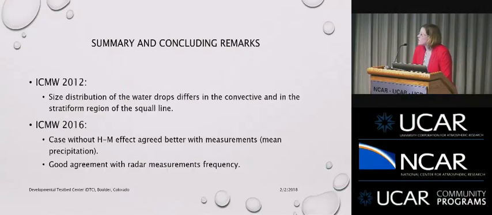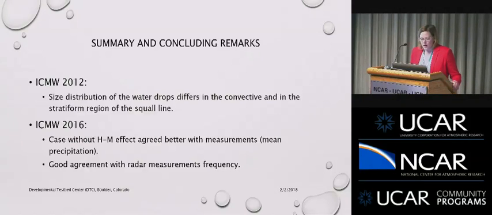In summary, related to the idealized squall line case, I think the most important finding was that the size distribution of the water drops differs between the convective and the stratiform regions. So describing this difference in the bulk scheme may improve the squall line simulation, and also give an accurate forecast.